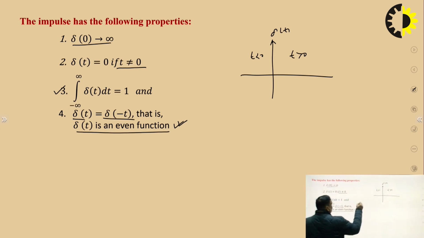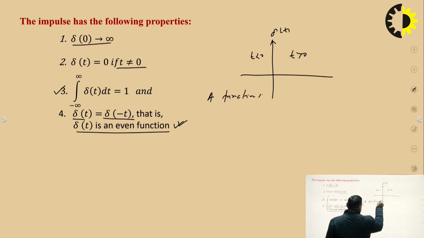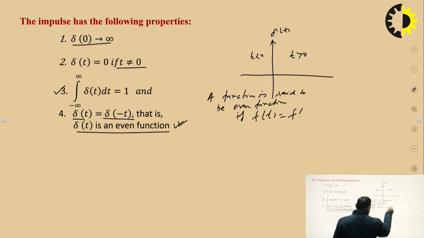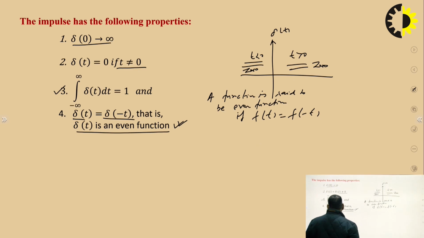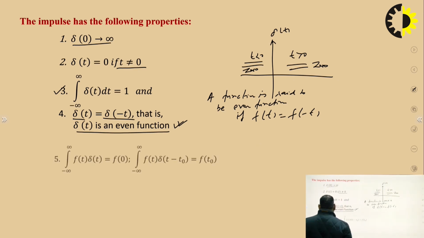A function is said to be an even function if f(t) is equal to f(-t). So we can look at here, this is delta(-t), its value is 0 everywhere, so it is a mirror image, so it is an even function. So the delta(t) impulse function is an even function.